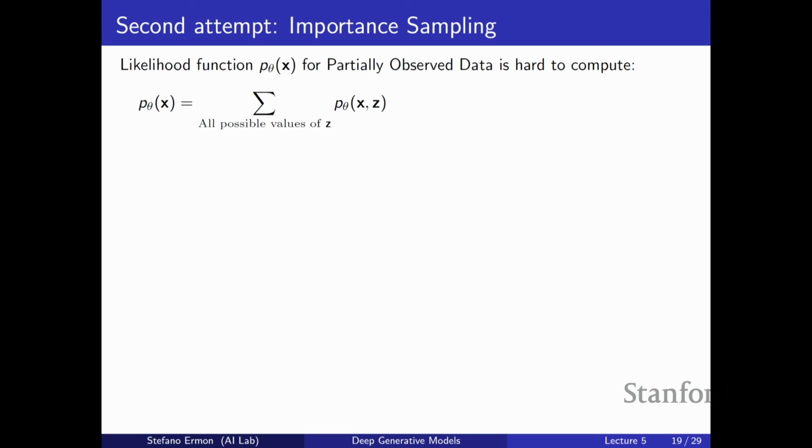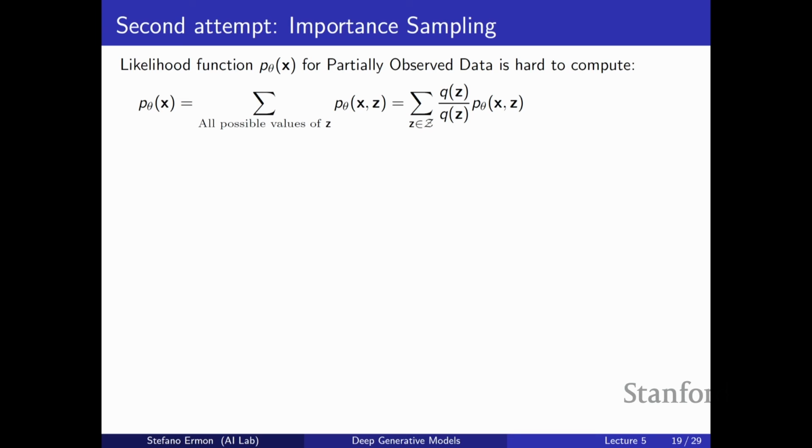So recall, this is the object we want. It's this marginal probability where you have to sum over all possible values of the latent variables. Now what we can do is multiply and divide by Q of Z, where Q is an arbitrary distribution that you can use to choose values for the latent variables.